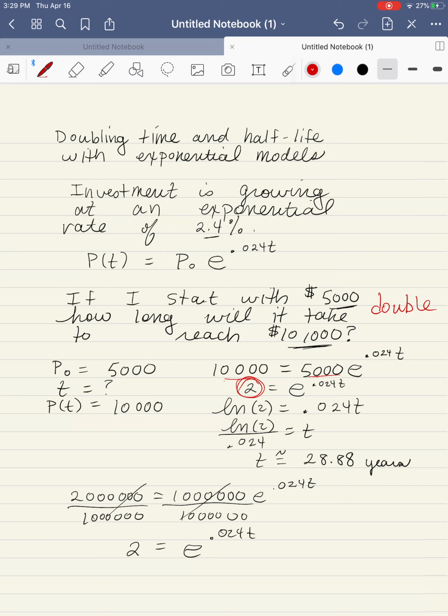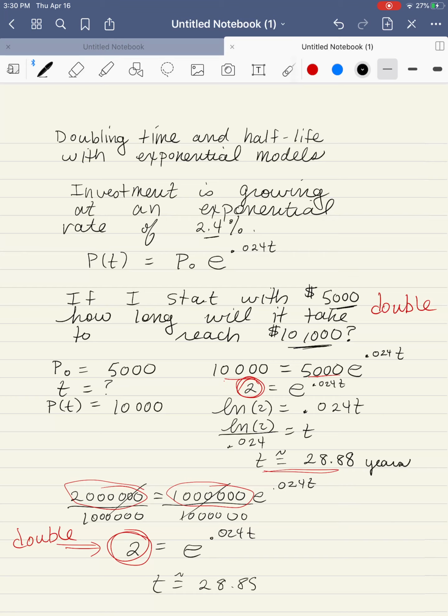And I would end up with 2 equals 0.024 t. So what we're seeing here is that it doesn't matter how much I started with and how much I ended up with if I'm doubling my money every time. I will always divide, and I will always end up with a 2 on the left-hand side of the equation.